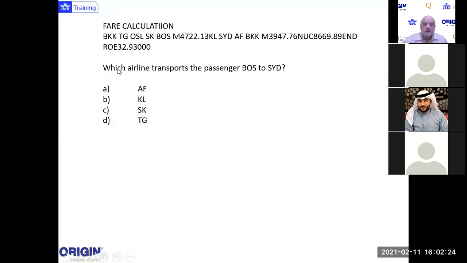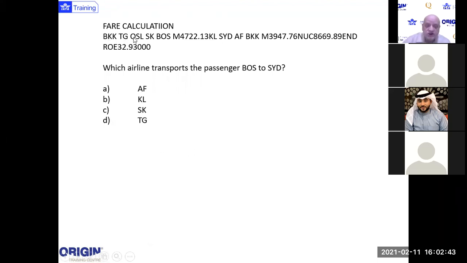Right. Which airline transports the passenger Boston to Sydney? Right, there's a pause.